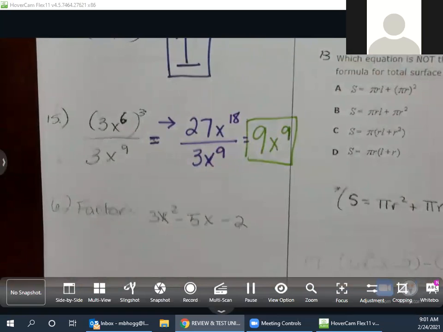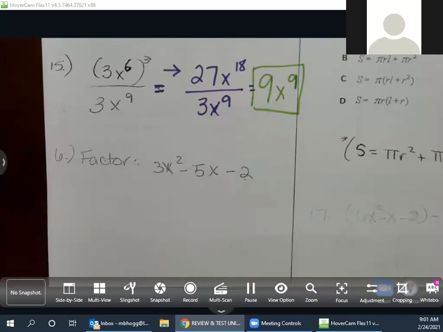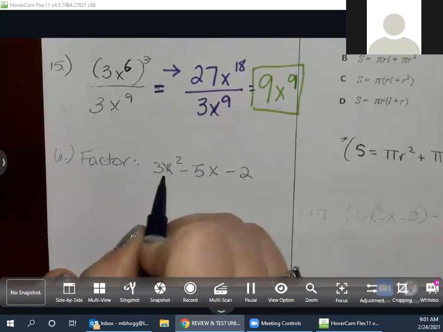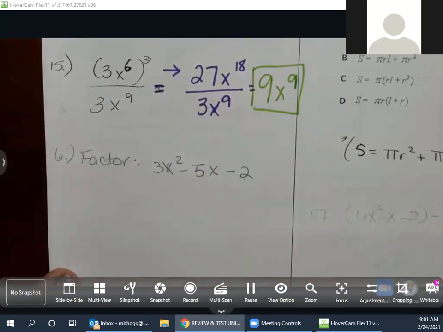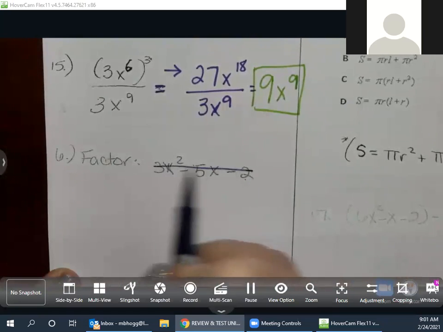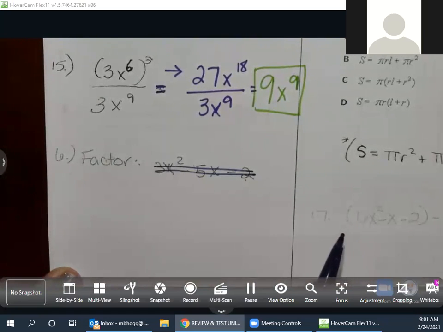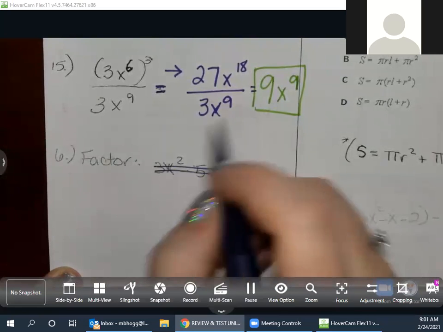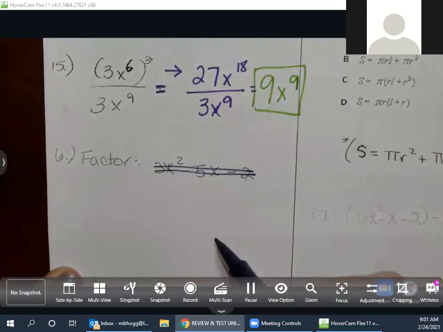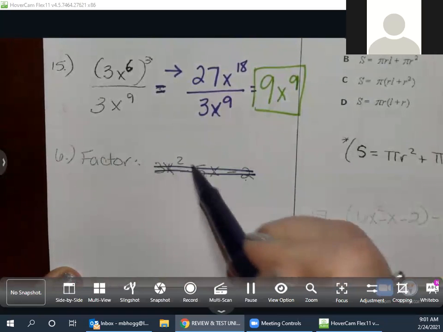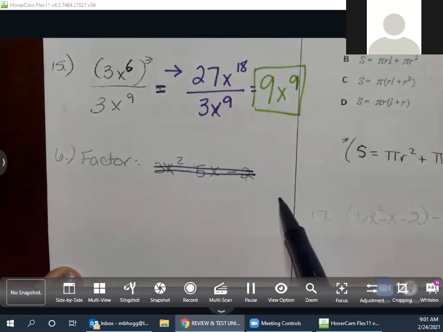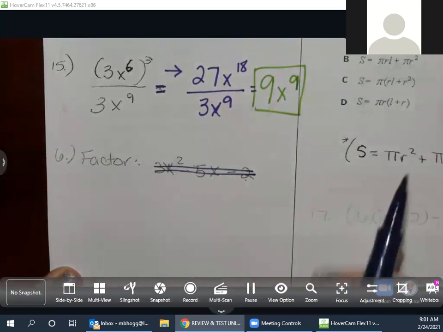All right, 16, some good old factoring. I'm going to take this one out, and I'm going to change this problem. There's not going to be one on the test that has a number in front of your x squared term that you can't FOIL to solve, okay?